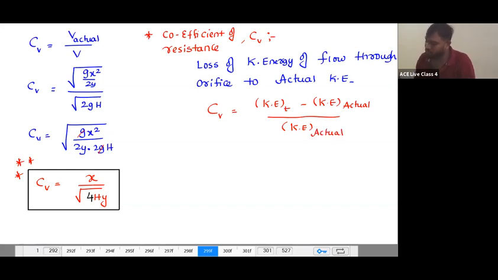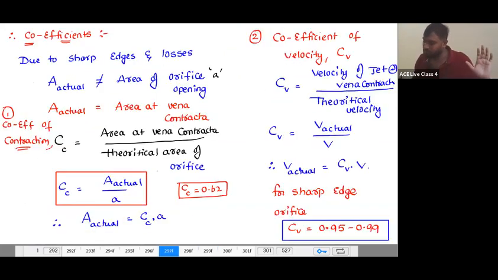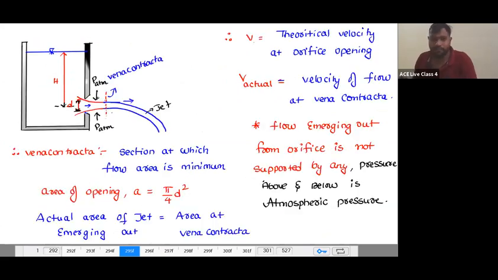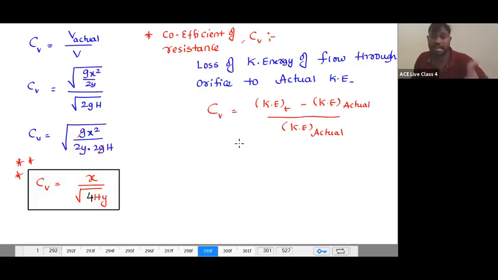So you observe what is the meaning of this. While the flow jet emerges, here is the theoretical velocity V, and by the time it reaches the vena contracta, what is the velocity? Actual velocity. So how much kinetic energy is going to be lost from the orifice opening to the vena contracta?